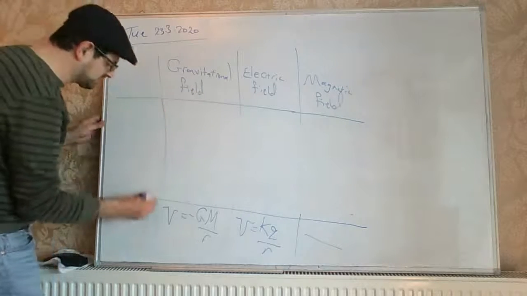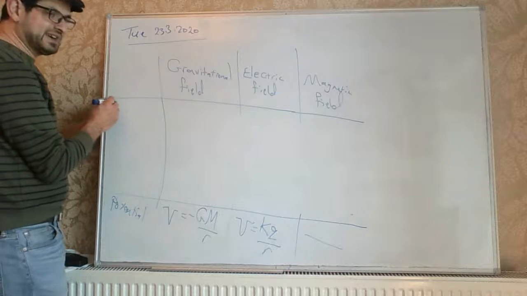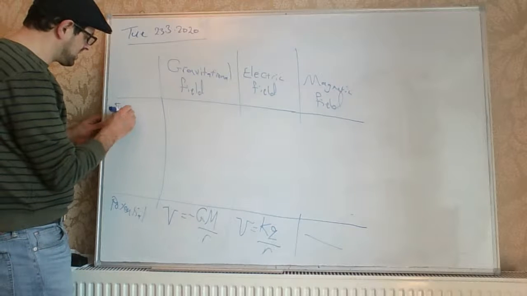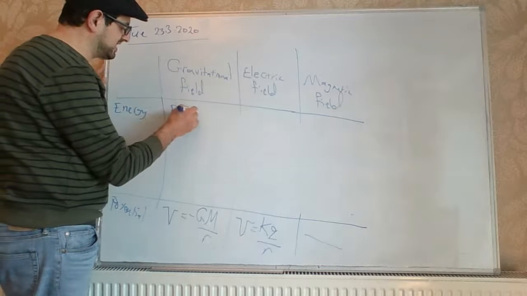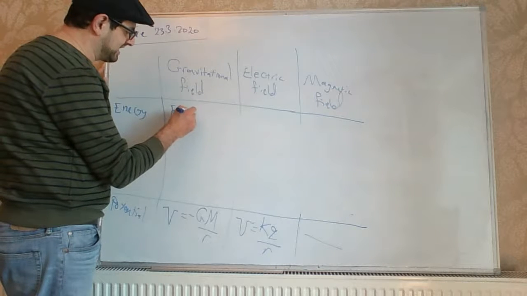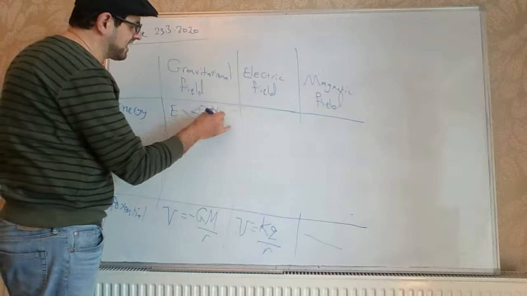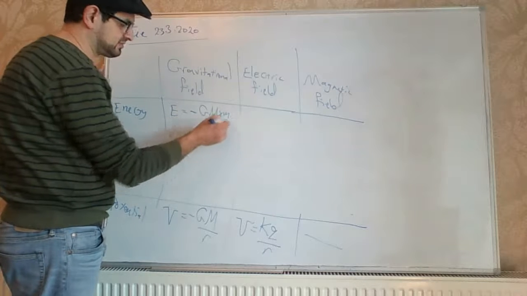Now, if I want to know the energy, here we said the gravitational potential energy is negative GMm over r.